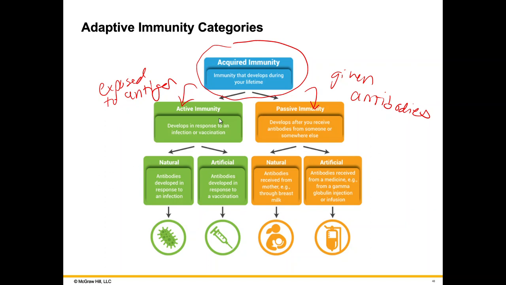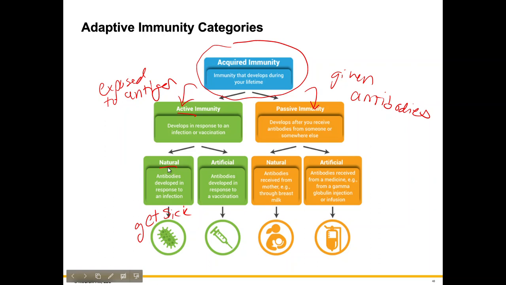So, natural active immunity is where we are naturally exposed to the antigen. Basically, in this type of acquired immunity, we actually get sick from something. We get sick, a pathogen enters our body, and we make antibodies for it. We produce the antibodies.